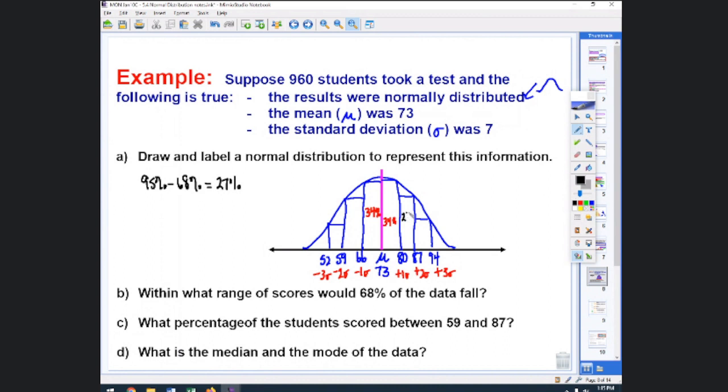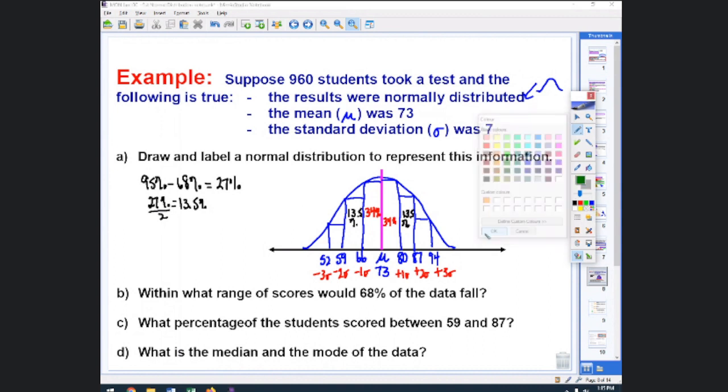So this is 27% and 13.5 and 13.5, because I have to share that. So everything is symmetrical. So it's 13.5 over here. It's 13.5 over here.